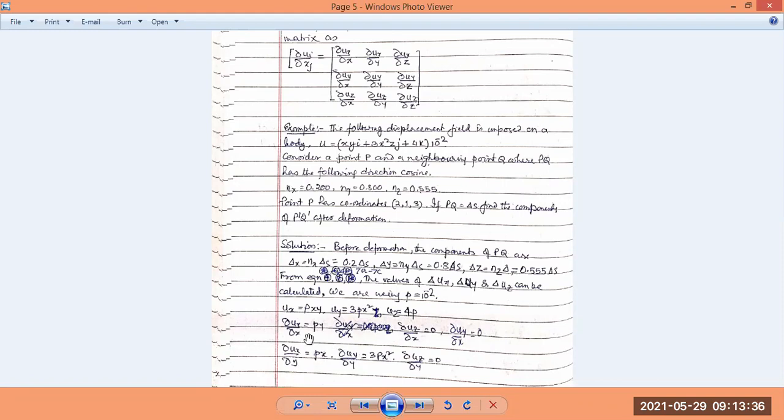So here there are three equations. If we differentiate ux by dx, we will get p into y.